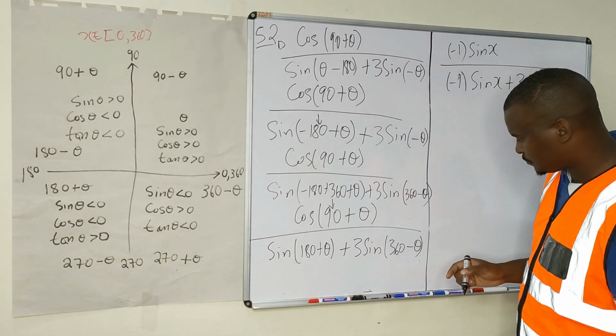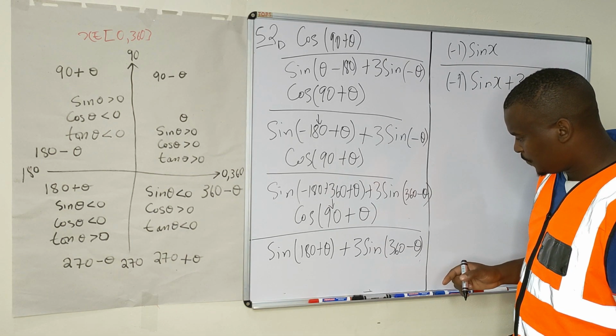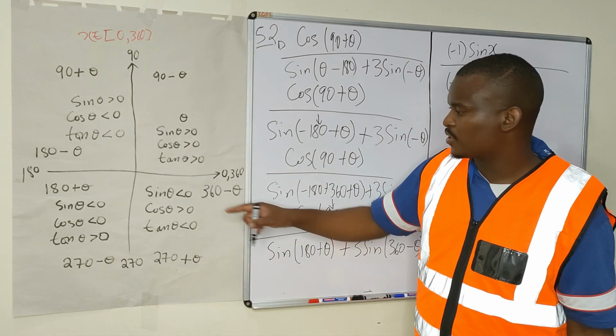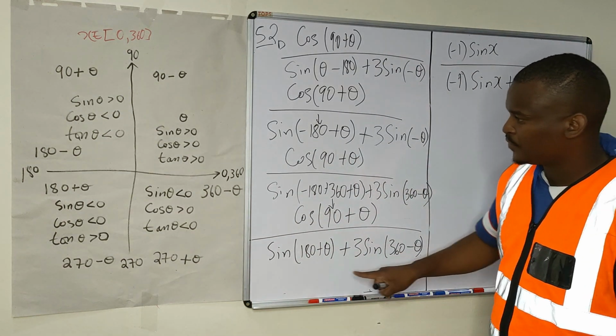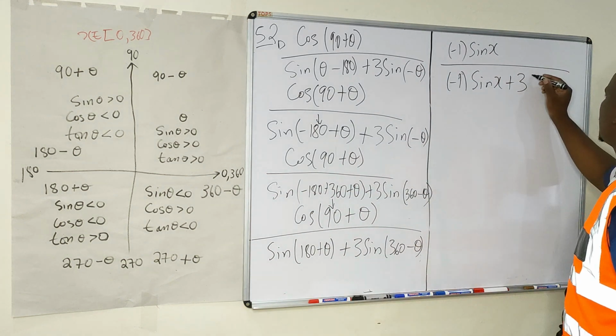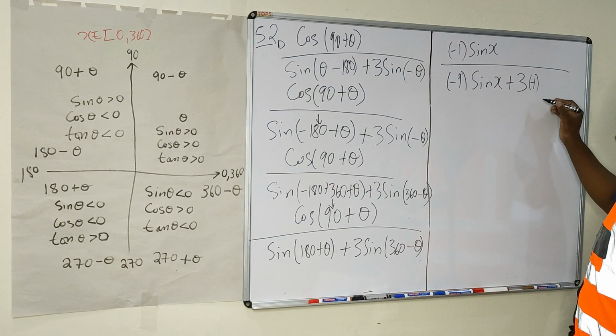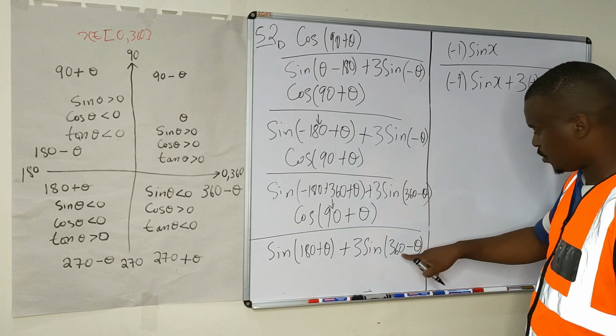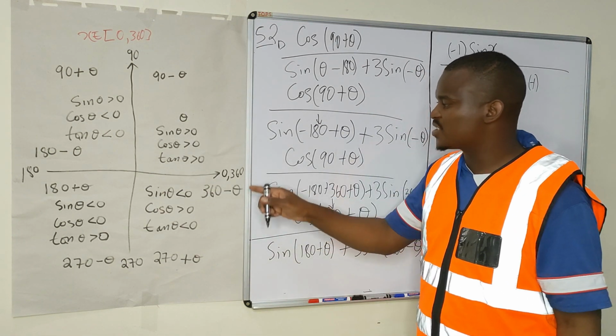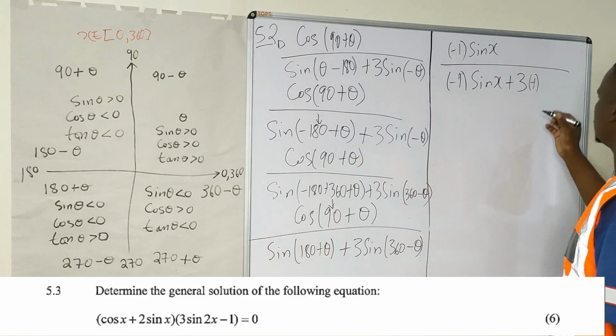Ask yourself, where is 360 minus theta? It's in the fourth quadrant, right? What sign is your sine function? It's negative, so put a negative sign, negative 1 there. Then the function will not change to a co-function, because your angle is 360, which is along the horizontal, so it remains the same.